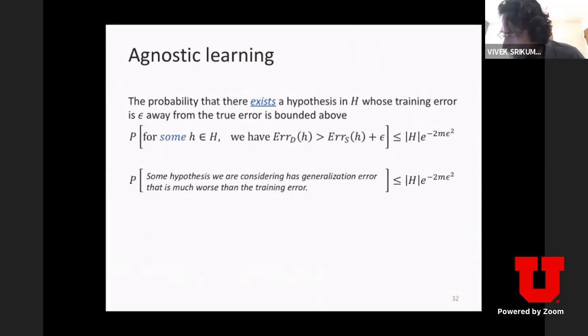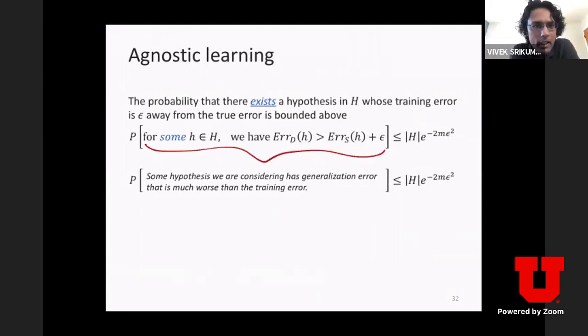This expression may seem a little complicated, but really what it's saying is the probability that some hypothesis inside the set of functions we are considering has a generalization error that is much worse than the training error. So this is the generalization error, this is the training error. The probability that some hypothesis has generalization error that's more than epsilon worse than the training error is bounded by size of H times e to the power minus 2m epsilon squared.